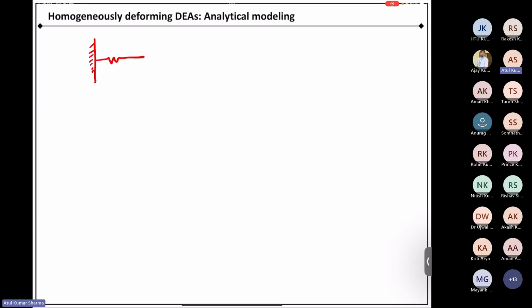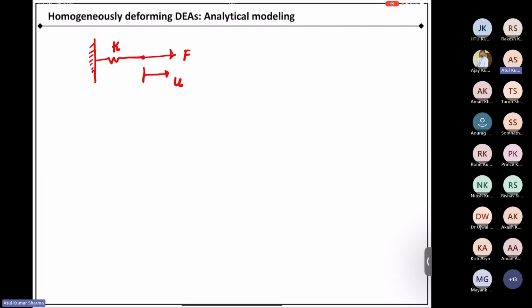Let's say you have a linear spring with a constant K, and I apply a force F at this end. What will be the displacement of this end? Let's say U. For the applied external force F, the displacement is U. So what is the relationship for linear elastic springs?